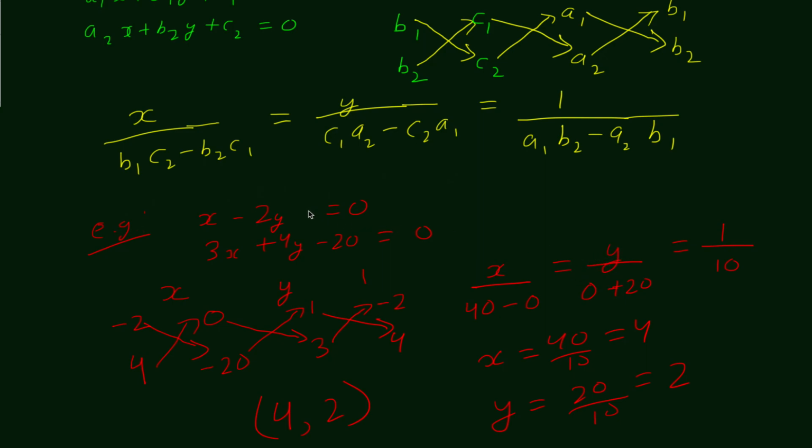So here is a bit tricky. You need to think about this term multiplied by this term, and this will be equal to 1 by this into this minus this into this. So it will come with practice. We will practice more examples in the next lecture. Thank you.